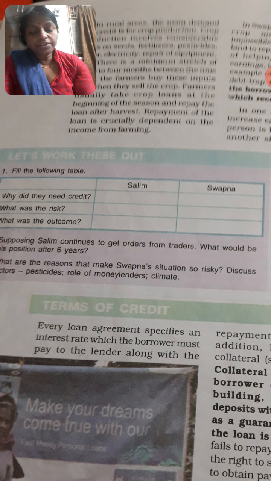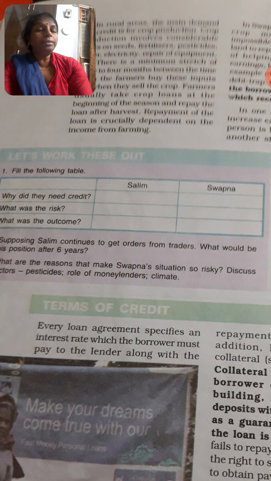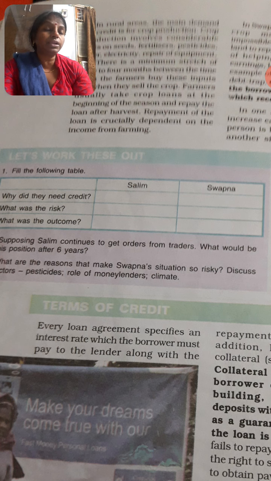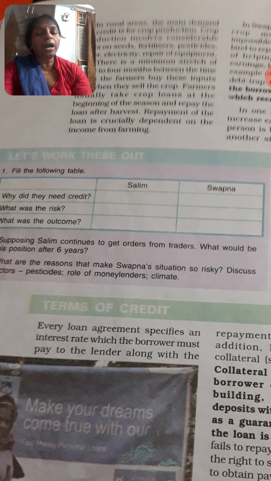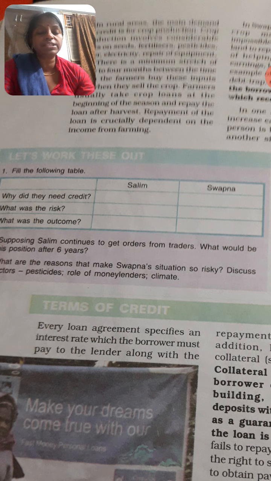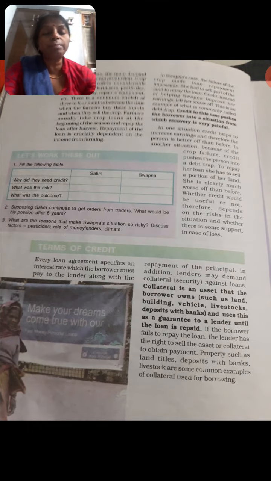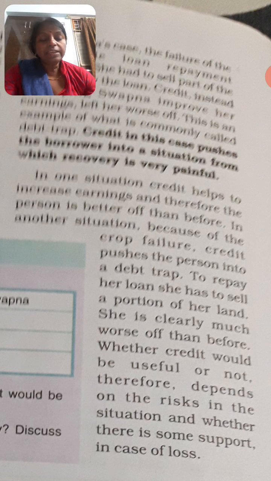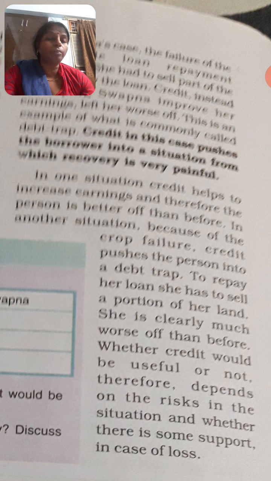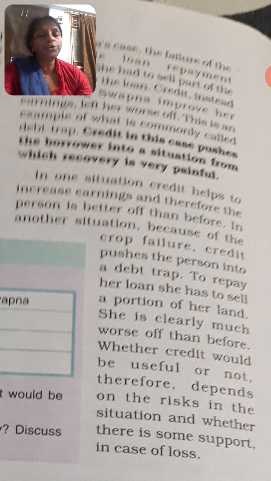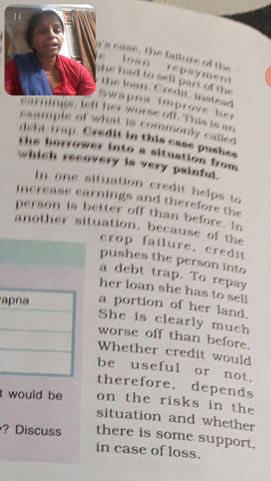And repayment of the loan depends on the income from farming. It depends on the harvest, what type of harvest they will have. So in Sapna's case, the failure of the crop made her unable to repay the loan after the harvest, because she could not get the expected result from the cultivation.